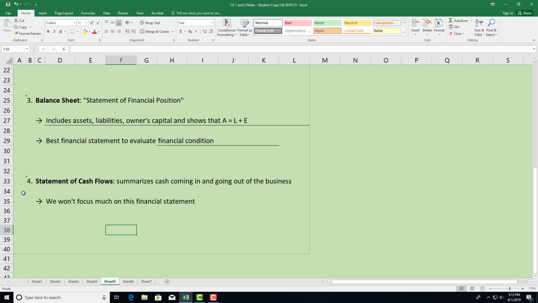And then our fourth financial statement, the statement of cash flows, we're not really going to do much with other than mention it. But basically the statement of cash flows just shows us cash in and cash out from all sources. So any cash coming in, any cash going out, that would be part of the statement of cash flows.